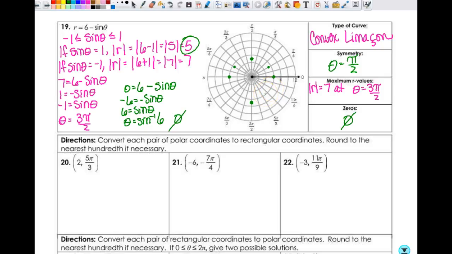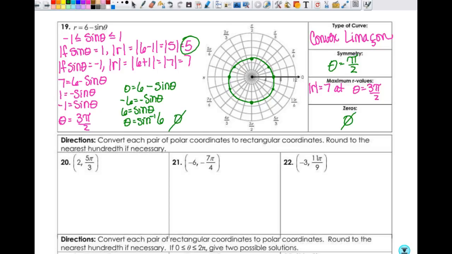So that means it's going to be 6.5. So it'd be about right there. And this would be about right there. So that gets you quite a few points to get that wonky looking circle on there. It looks something like that.